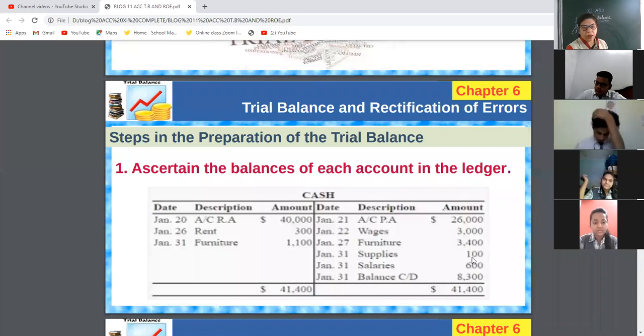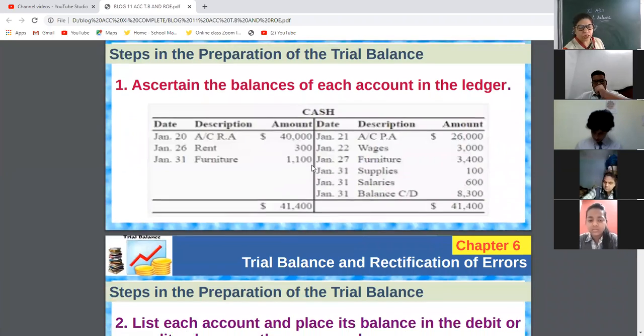And maybe the total of credit side is more than total of debit side, then on this side you will write the balance of account, balance c/d. C/d means carried down to next month or next year. Carry forward can be used in that place. So first step is ascertain the balances of each account.